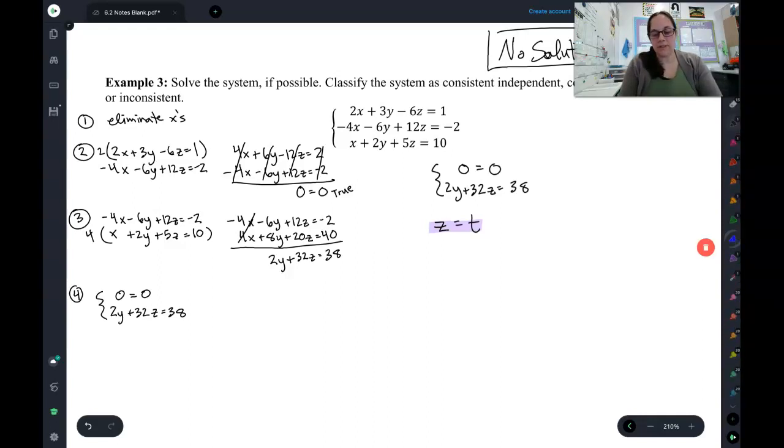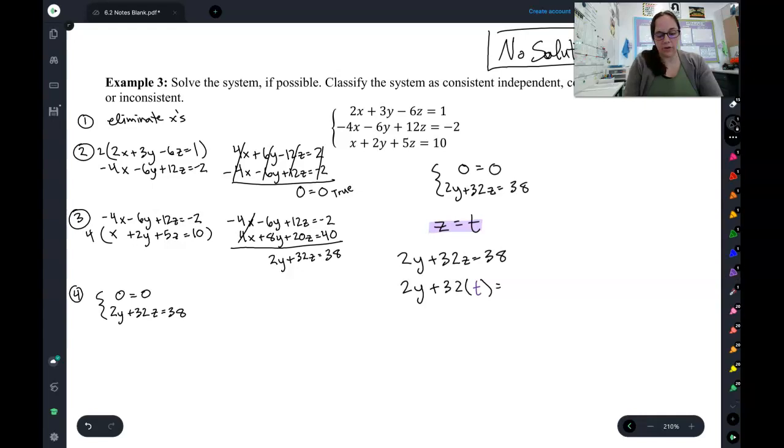Hopefully this is coming back from 6.1. Then I'm going to take the equation that I have in my 2 by 2, 2y plus 32z equals 38, and I'm going to replace the z with the t that I got in my first answer, and solve this one for y.